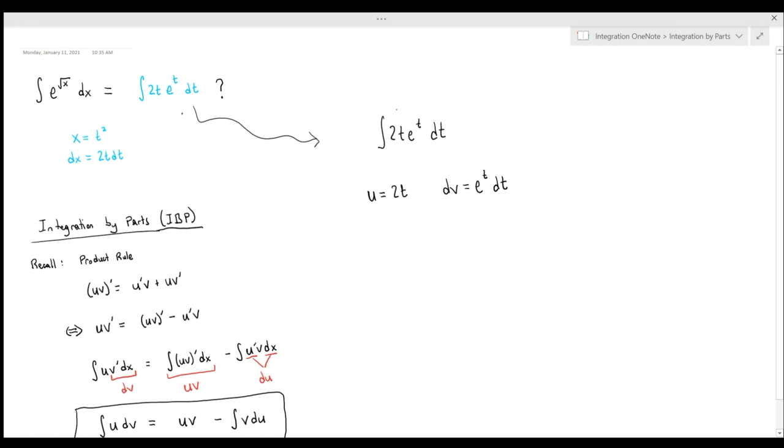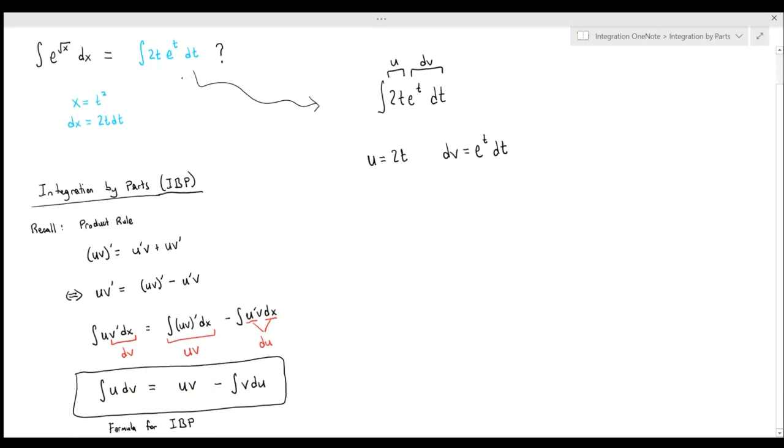So we have u dv. Now I'm going to compute du by computing the derivative of u. So the derivative of 2t will be 2, and then I'll put a dt at the end. And we have dv, so I'm going to integrate dv to get v.